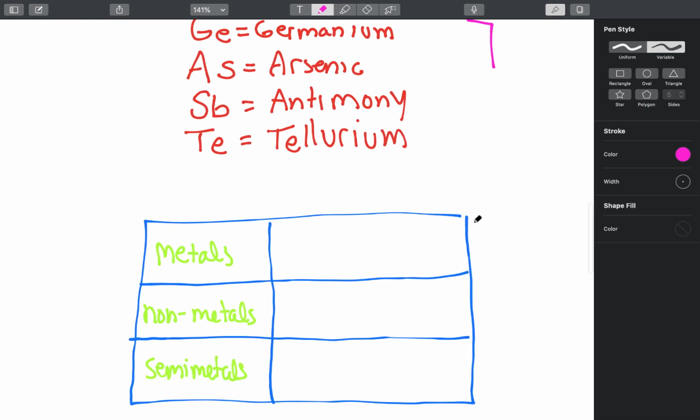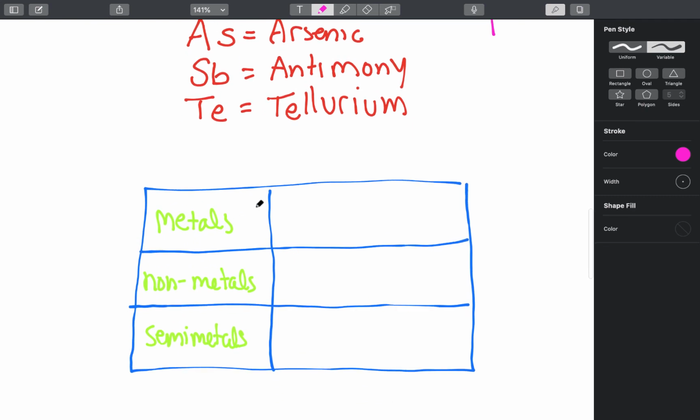Okay, so now that we know the periodic table is made of metals, nonmetals, and semimetals, let's quickly talk about the different properties of each. Okay, so metals tend to be lustrous. In other words, they're shiny, as you know. Think of a gold ring. They tend to be hard.